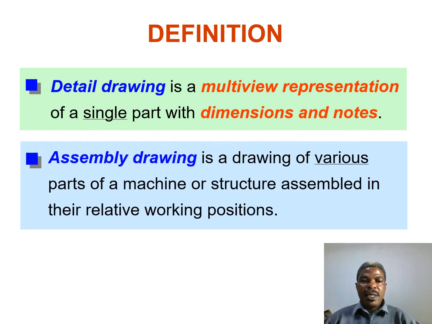And an assembly drawing is a drawing of various parts of a machine or structure assembled in their relative working positions. So we have said that they are given the sequence on how they are going to be fixed or brought together for the purpose of bringing functionality to the machine or component.